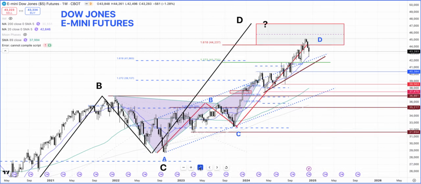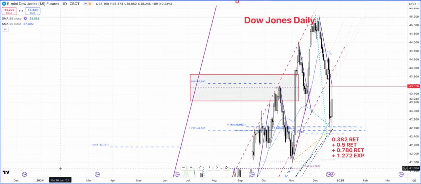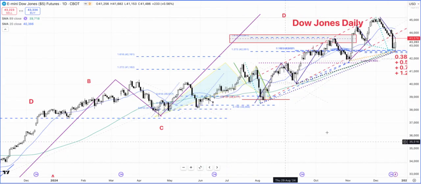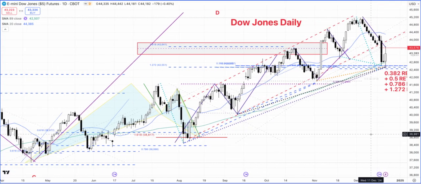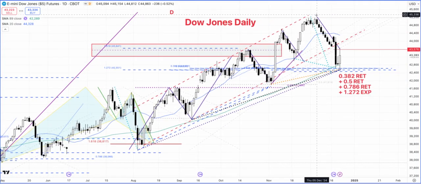On the daily chart, let me actually show you, because it looks really ugly on the daily chart. Here we go. Look at this. Boom. 1, 2, 3, 4, 5, 6, 7, 8, 9, 10 consecutive days of down moves, and it was down a little over 1100 points in one single day.